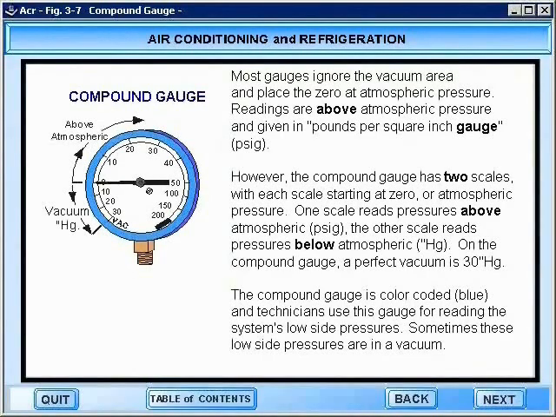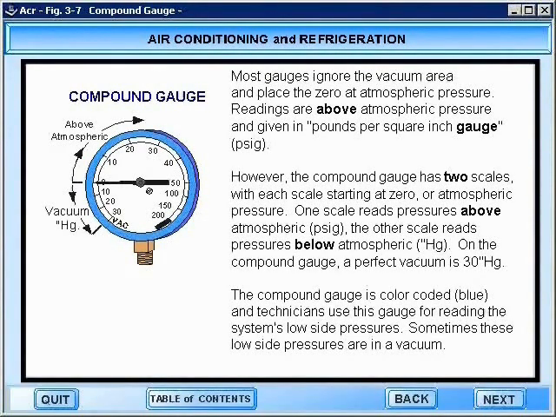Most gauges ignore the vacuum area and place the zero at atmospheric pressure. Readings are above atmospheric pressure and given in pounds per square inch gauge, or PSIG. However, the compound gauge has two scales, with each scale starting at 0, or atmospheric pressure.